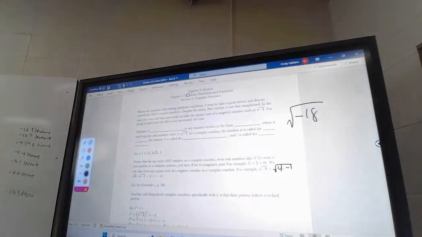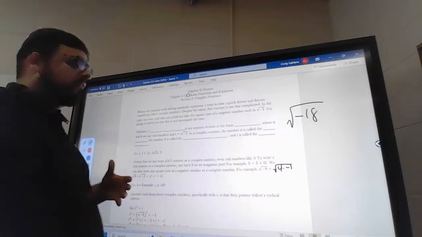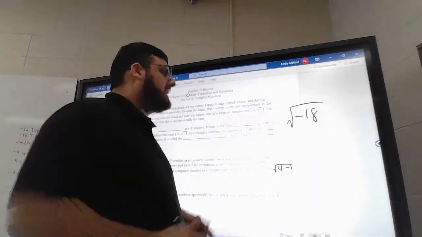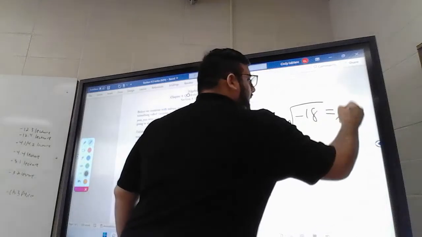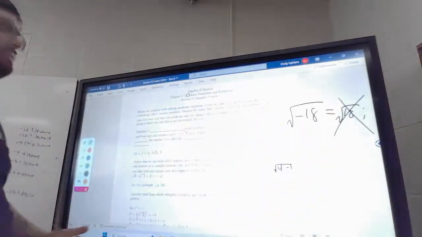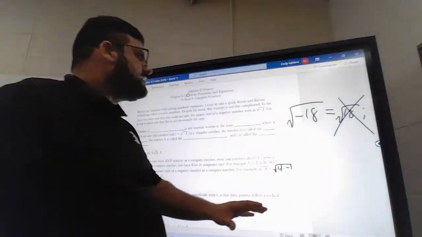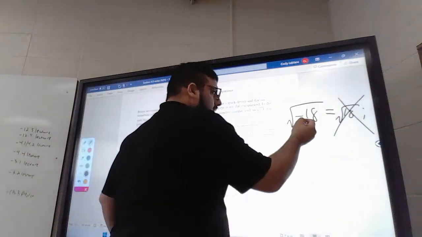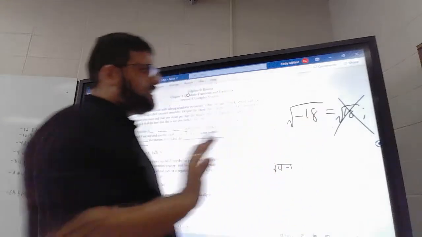As we continue on this section, we're also going to be very careful on simplifying square roots. We have to be extremely vigilant in simplifying square roots. I can't just leave this as the square root of 18 times i. No, we have to reduce that. The way that we reduce it is to take a look at the number itself, maybe not so much the negative sign.